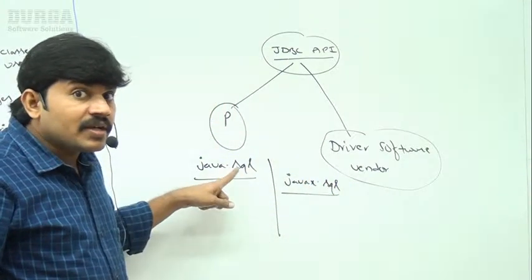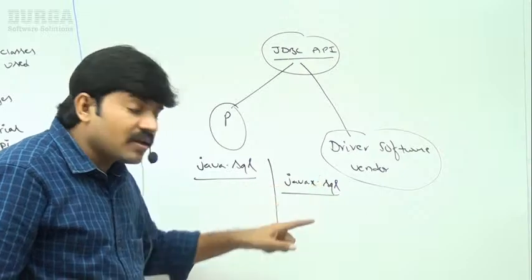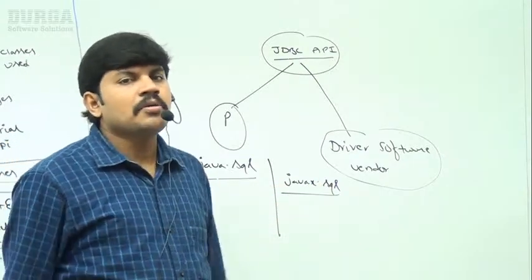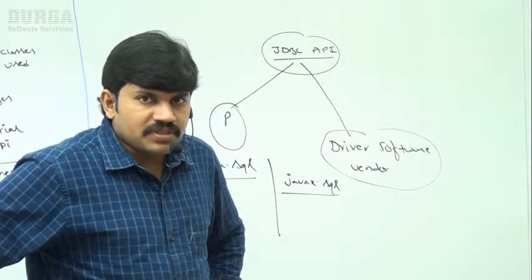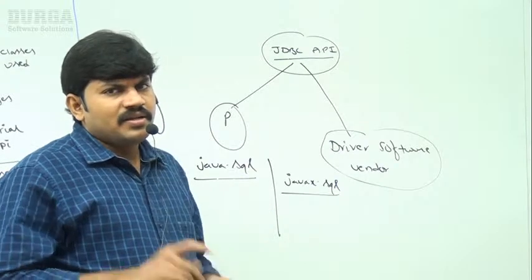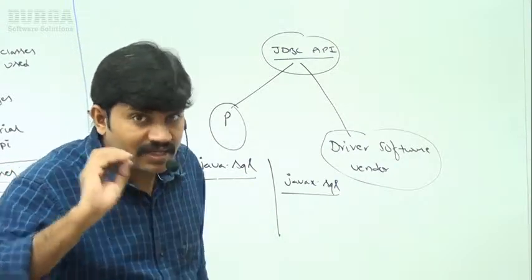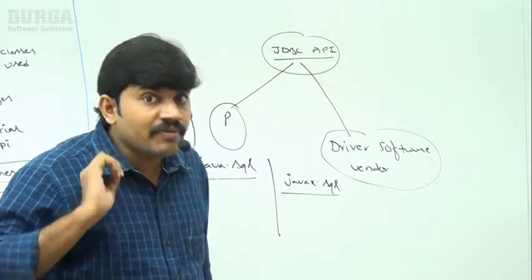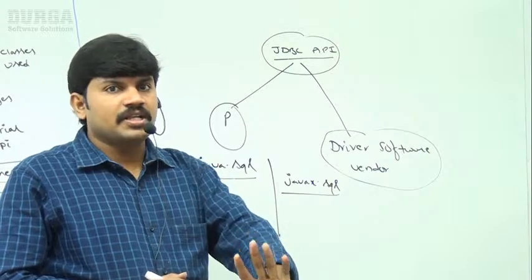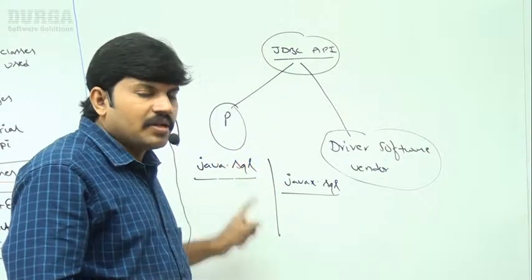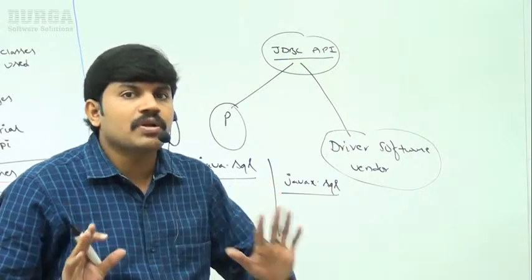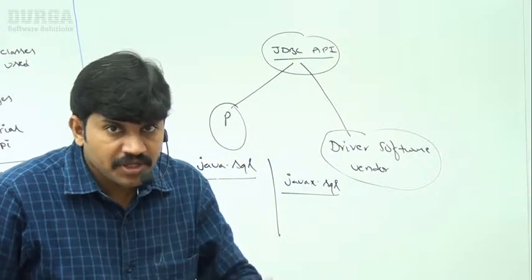This java.sql package contains the basic classes and interfaces which can be used for database communication, something like Statement, Connection, ResultSet, DriverManager. These things are available inside the java.sql package. It contains the most basic classes and interfaces for normal database communication, right?